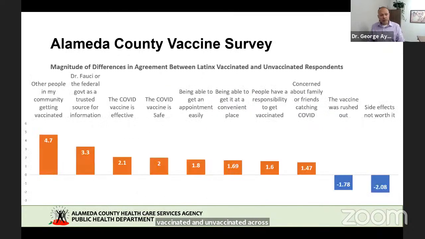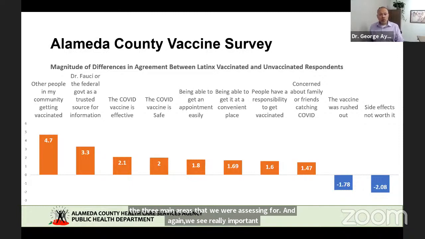For example, among Latinx respondents, the proportion of vaccinated Latinx respondents identifying other people in my community getting vaccinated as important for their decision was 4.7 times higher than for unvaccinated Latinx folks.